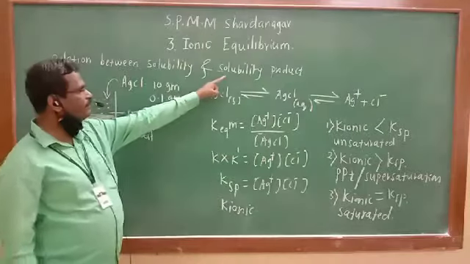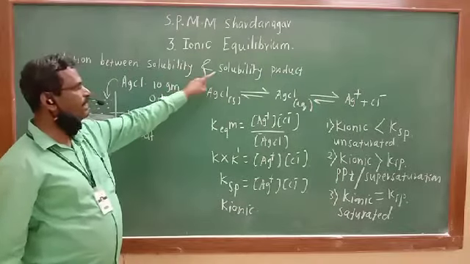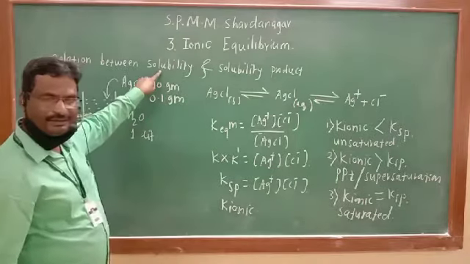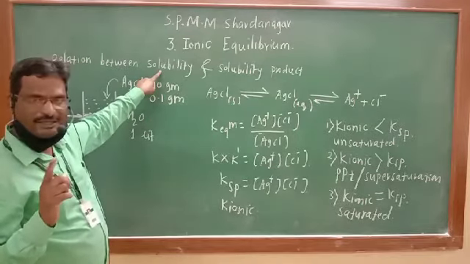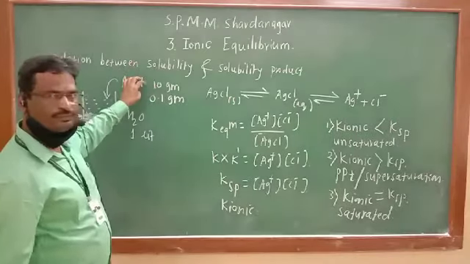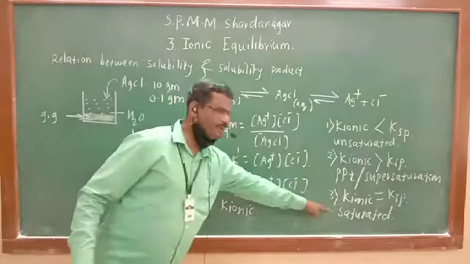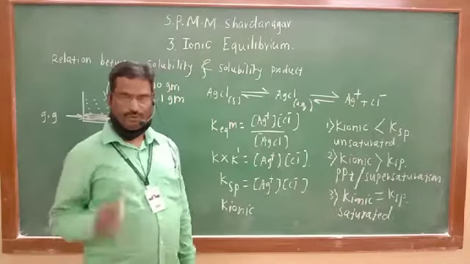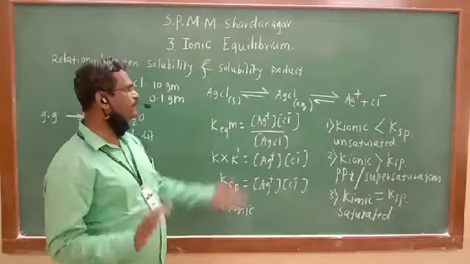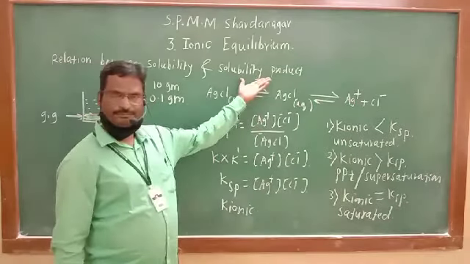And here, solubility product and solubility we are studying for the saturated solution. So what is solubility? Solubility is nothing but the maximum concentration of a solute in its saturated solution, where ionic product is equal to solubility product. And what is solubility product?